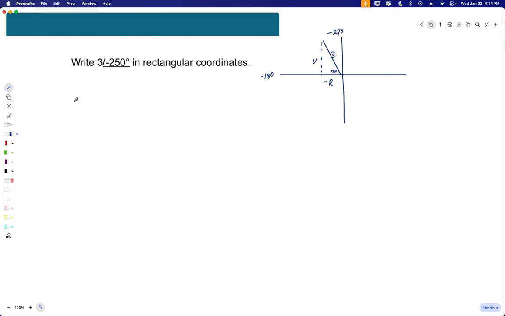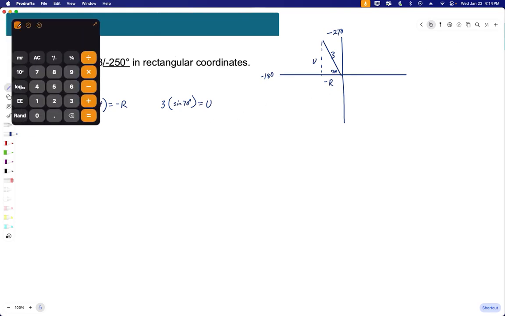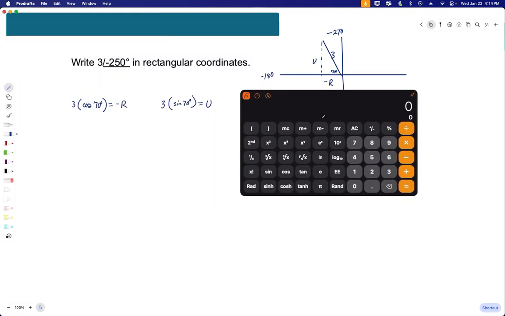So we're going to take our hypotenuse times the cosine of 70 degrees is equal to our negative r. And the hypotenuse times the sine of 70 degrees is equal to our positive u. So again, we just bring up our calculator, and 70 cosine times 3.